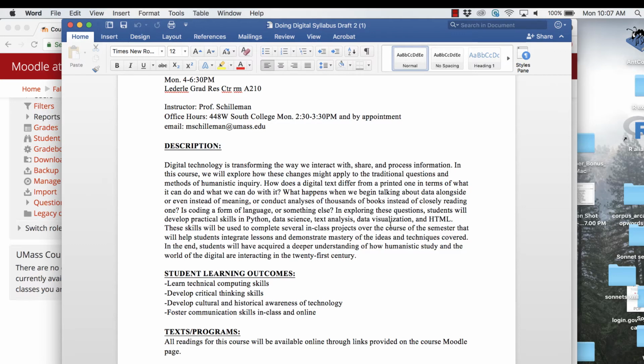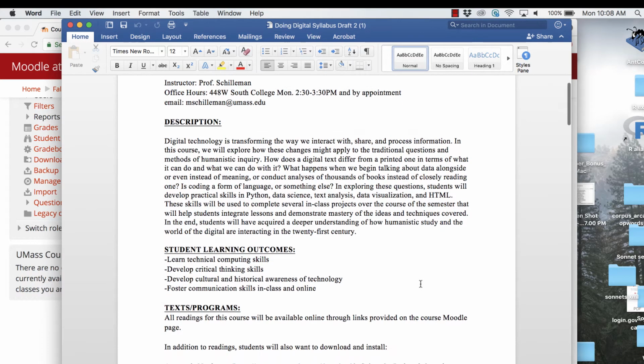But this course was centered on combining learning Python, a coding language, with investigating humanist questions such as what counts as language, how is language defined in theories of literature or in linguistics.